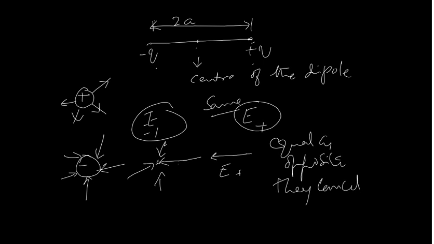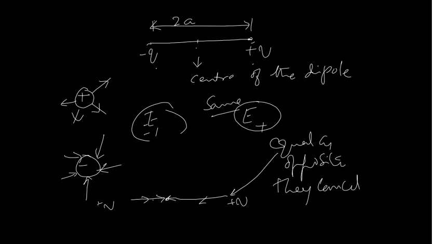So we only consider the line which will be entering exactly opposite this way, and the one which is coming from here. This is coming from plus q. This is coming from another plus. Understood, right? So both of these fields are equal and opposite. Therefore, they cancel each other. This picture I'll erase.